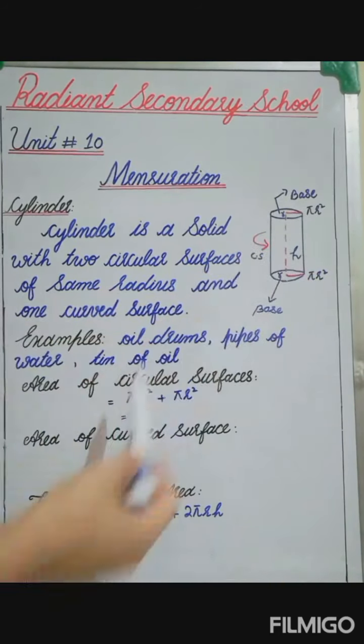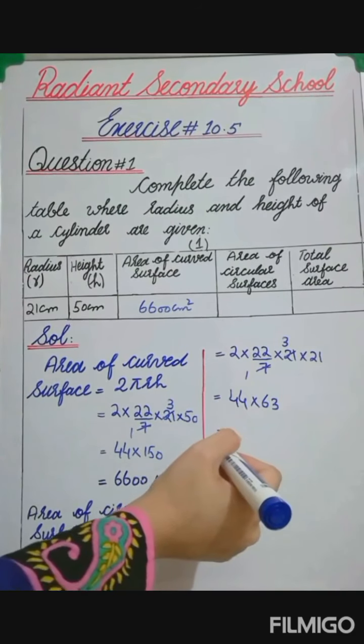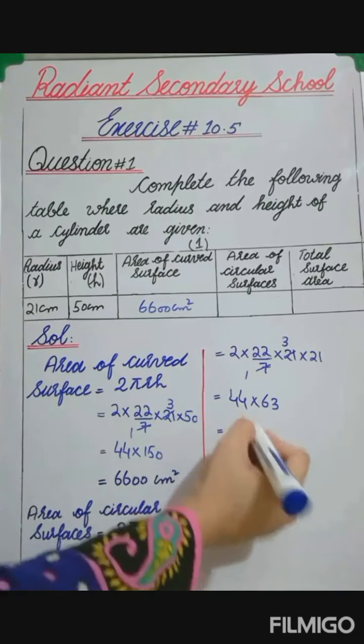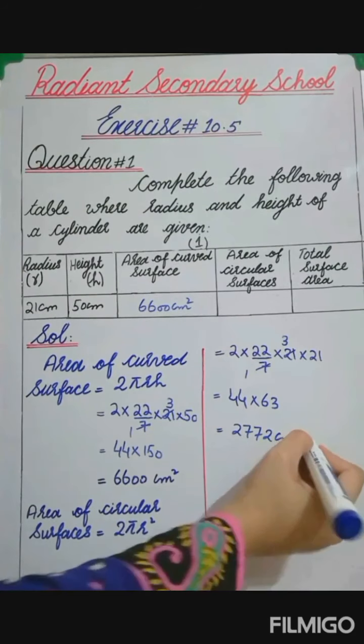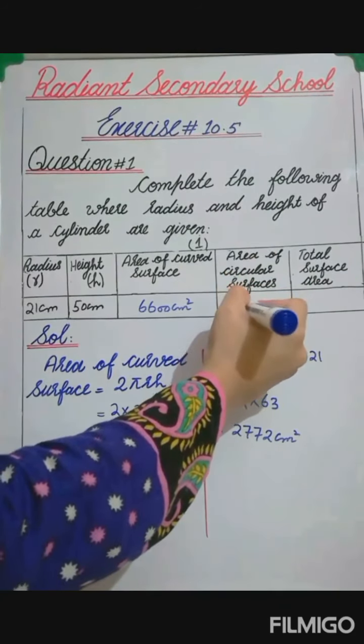Now cutting is possible. Yes, 7 ones are 7, 7 threes are 21. 2 into 22, then we get 44, and 3 into 21, 63. Now we will multiply 44 into 63, then we get the answer 2772 centimeter square. So the area of circular surfaces is 2772 centimeter square.